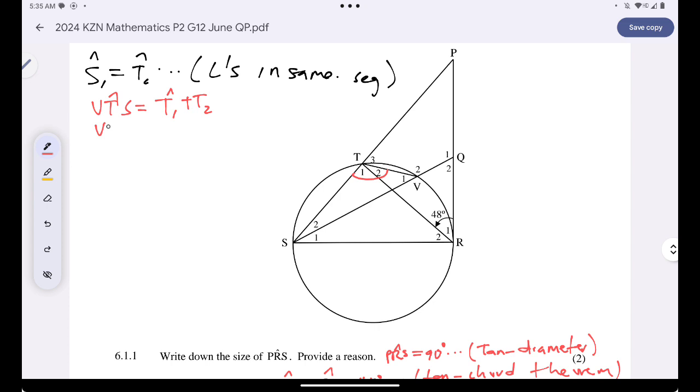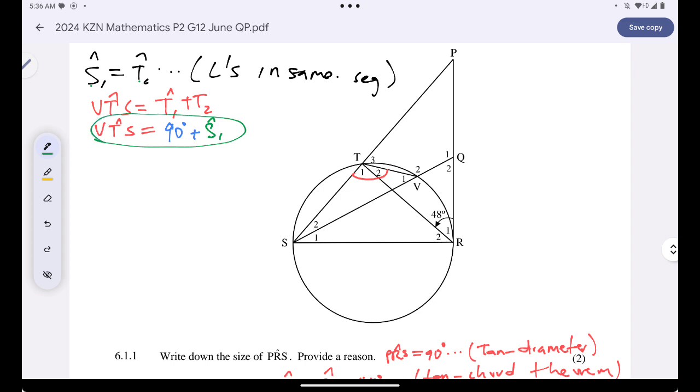I can simply say VTS is equal to 90 degrees plus S1. I know that T1 is 90 degrees because T1 is subtended by the diameter at the circumference, plus whenever I see T2 I can put S1, because T2 and S1 are the same. So this is the size of angle VTS, right?